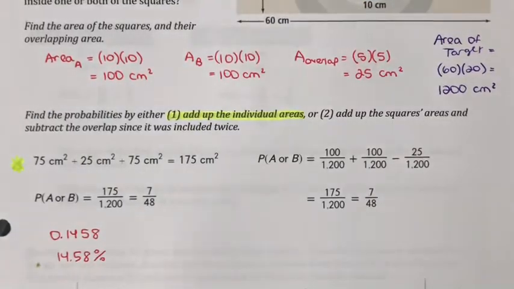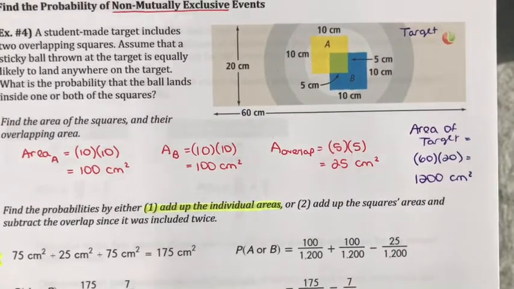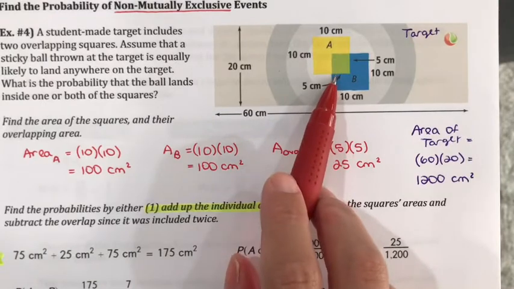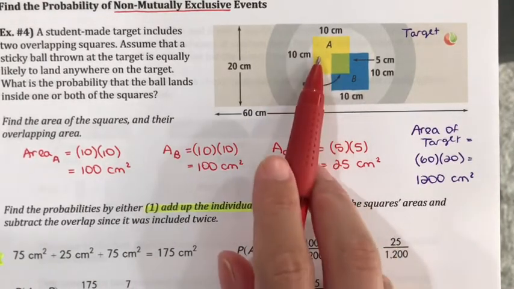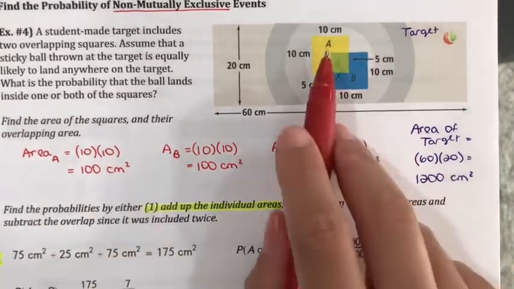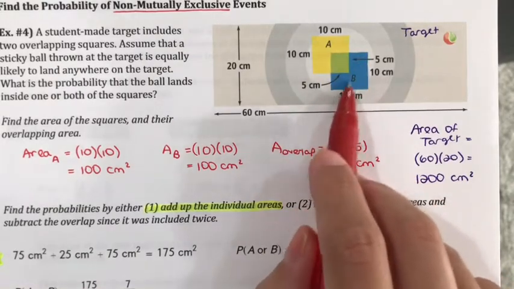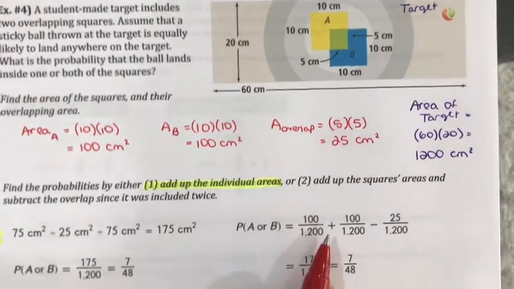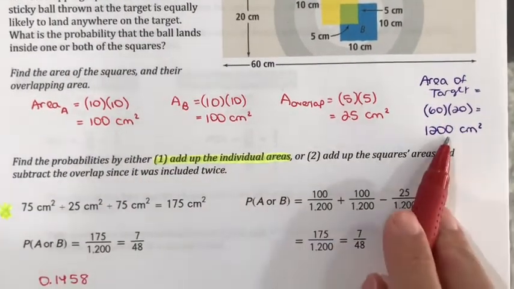Now, the second way to find the probability without having to do subtraction, remember we had to do a little bit of backward thinking to get to the individual areas over here. So instead of having to worry about the separate areas of A and B down at the top and at the bottom, we can just use the work that we already did. So I know that the total area is 1200.